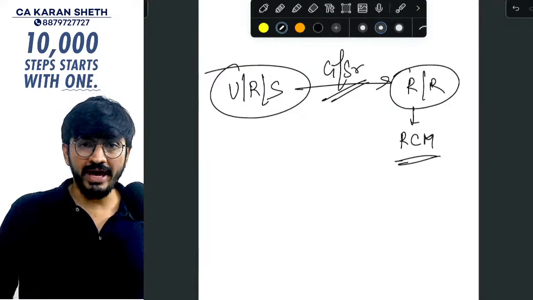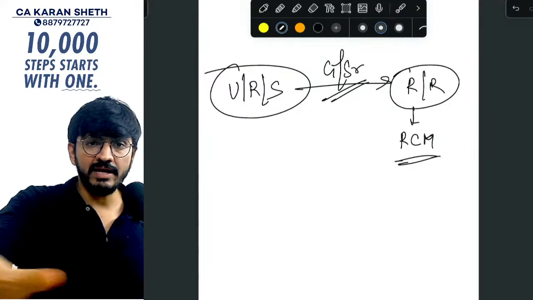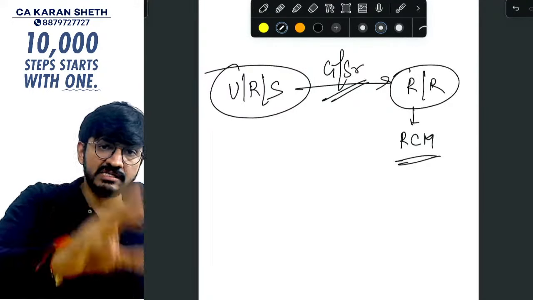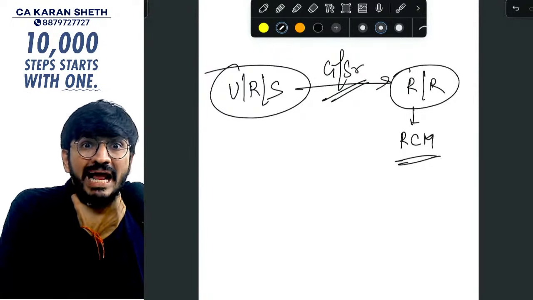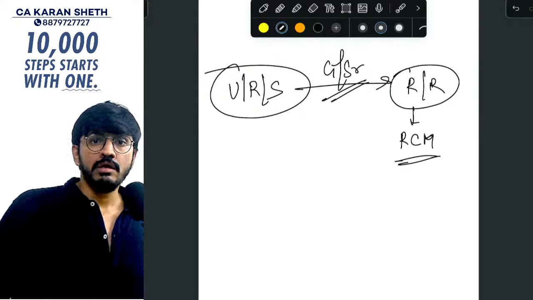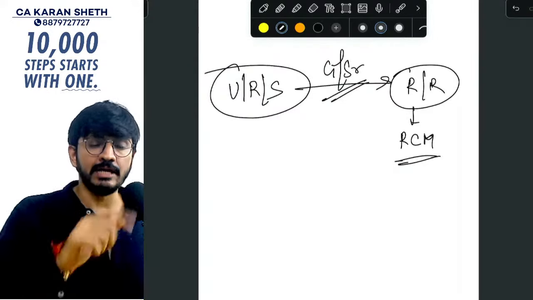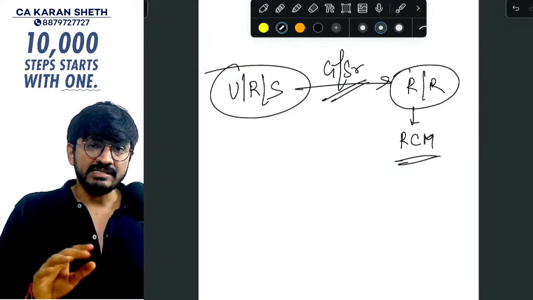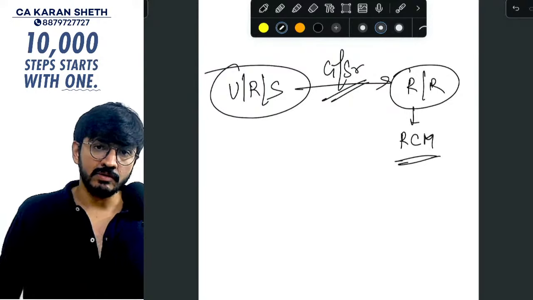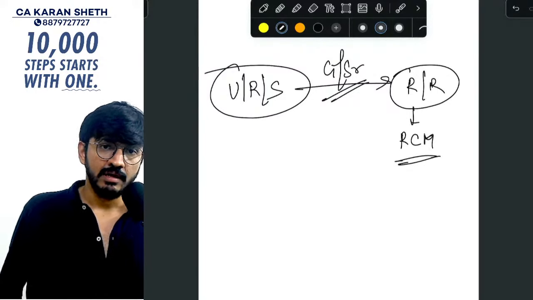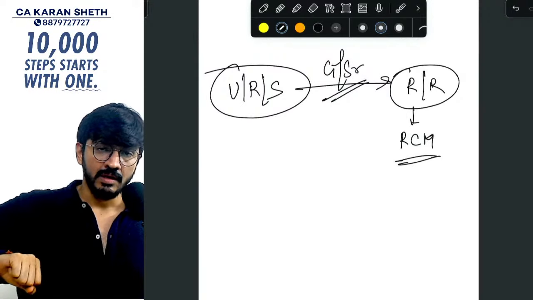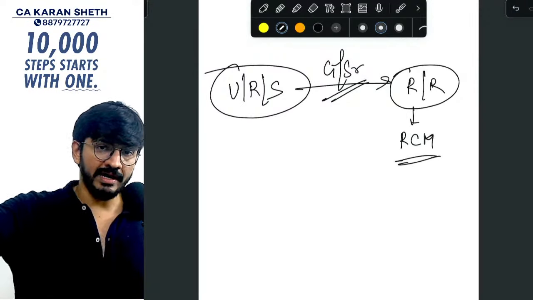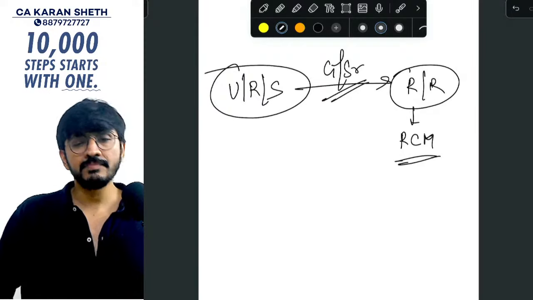Simple. But my dear friends, understand, in this case the registered recipient was getting suffocated with the amount of compliances he had to do. Sir, why sir? Very simple, I'll tell you. For example, if I am running a 1000 crore business, and I ask my peon to get a sandwich from the sandwich wala down there, the hawker.